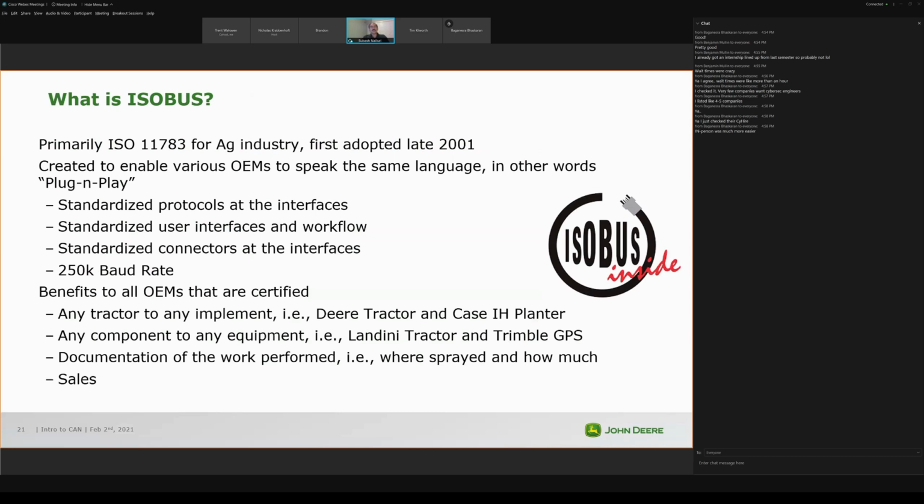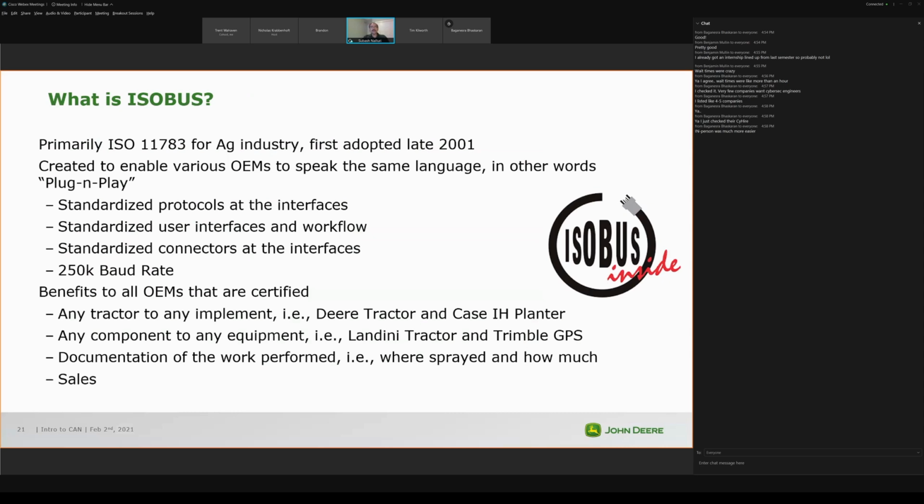The advantage of that is you can have, for example, a John Deere tractor with a Case IH planter, and you could just plug in and they would work. Without this standard, a customer would have to have a John Deere tractor and a John Deere planter, or a John Deere GPS device. Now this gives you interoperability and flexibility.